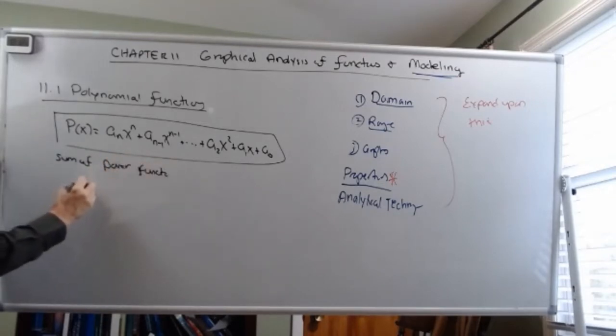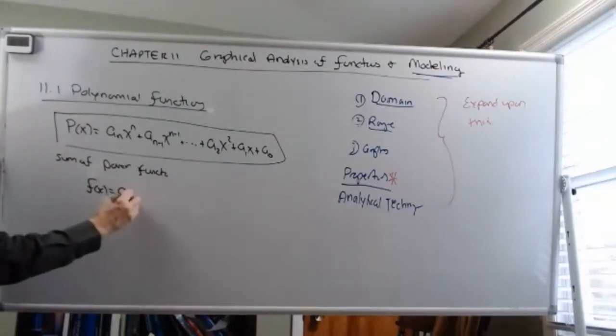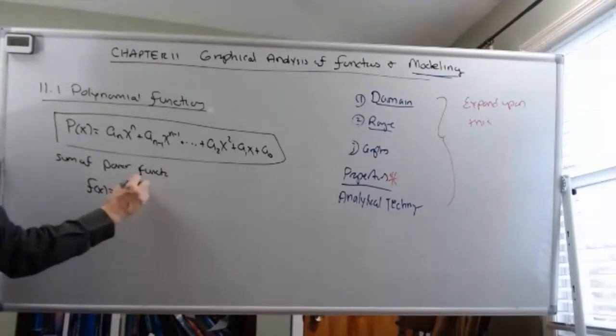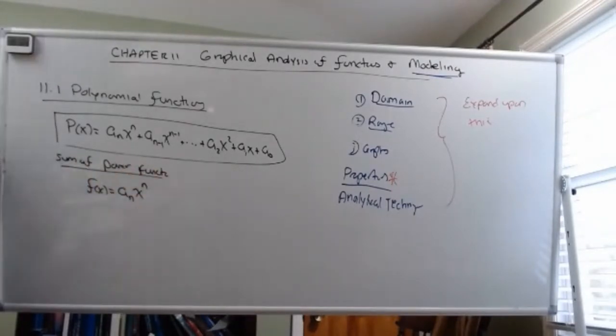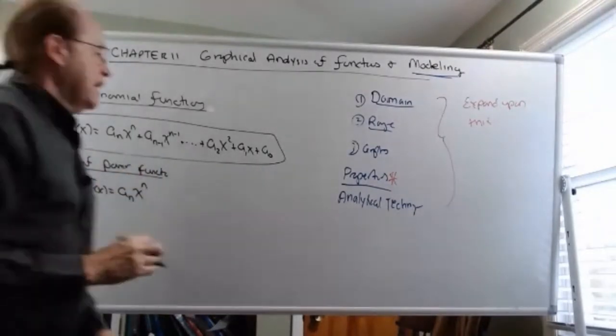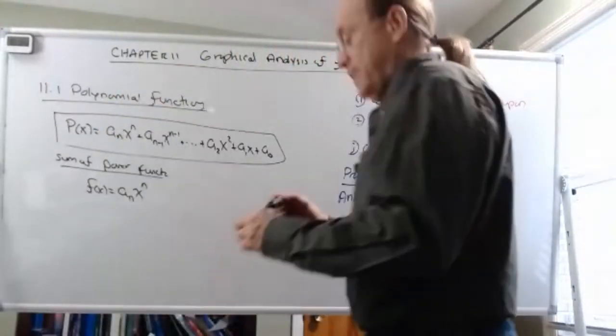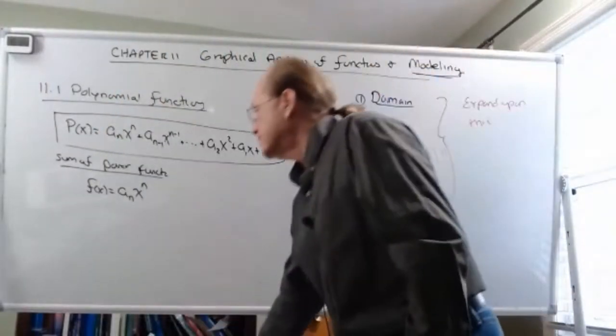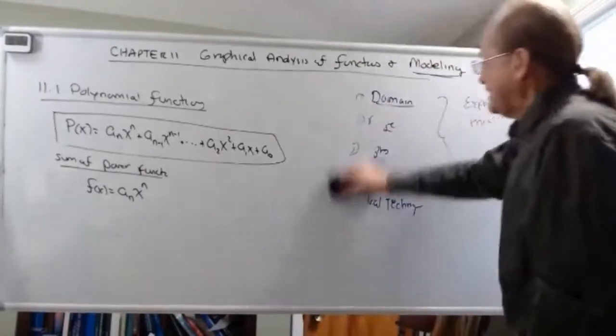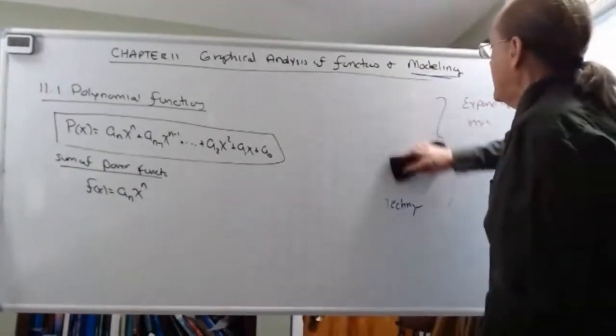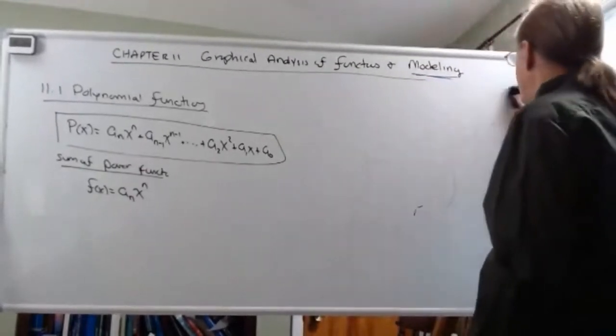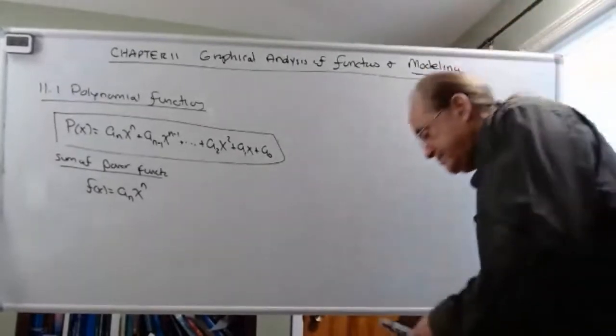Meaning, here's a power function. F of x is a sub n x to the n. Those are our power functions. And we learned a few things about them. So far, what we know is that the domain of any polynomial function is the set of all real numbers.